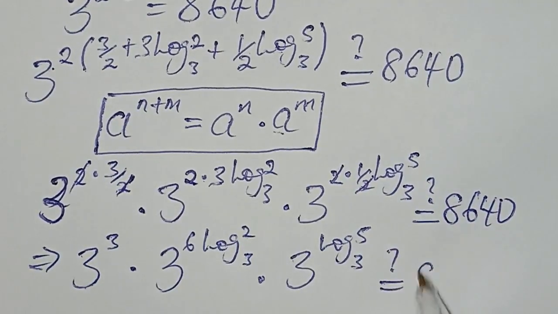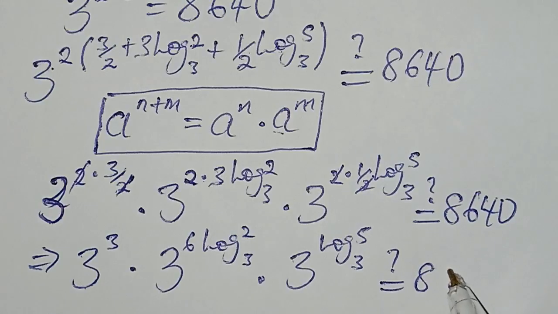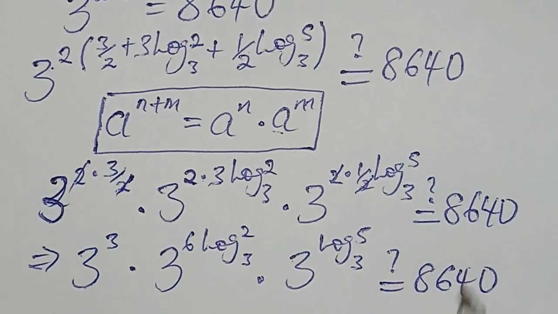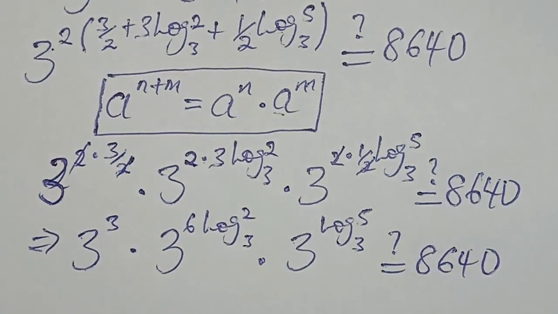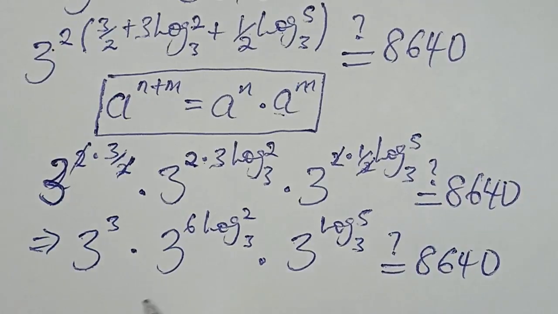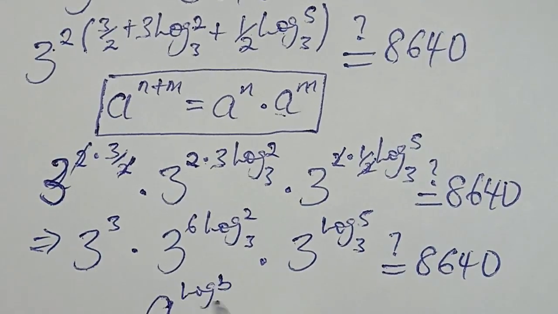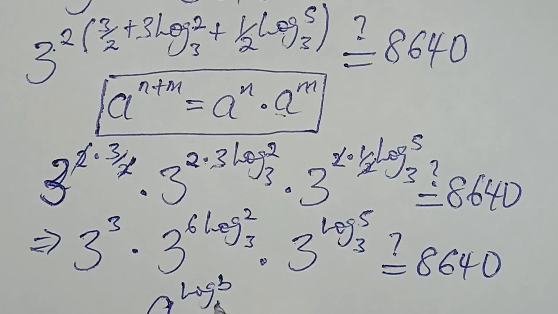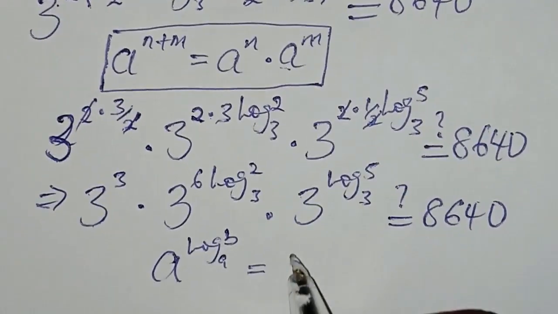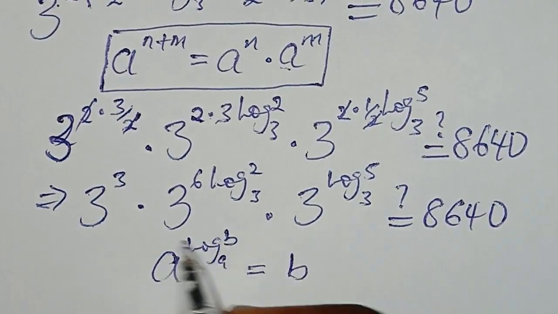Will that be equal to 8,640? So we have this to be written as a to the power of log base a of b is equal to b.